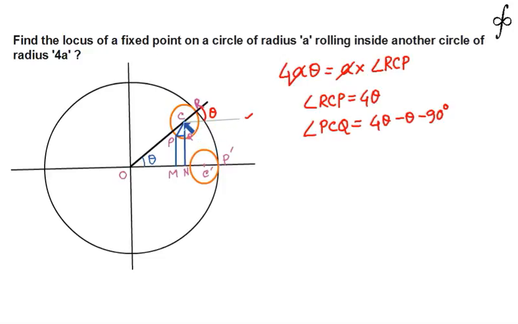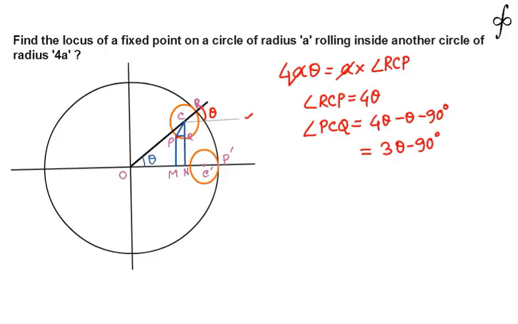Now the construction is that from the center C we have drawn a vertical line on the x-axis, and P is the new position of P dash. So from P we have dropped a perpendicular PM and a perpendicular PQ on CN. So the angle PCQ must be equal to the total angle, 4 theta minus 90. So angle PCQ will come out to be 3 theta minus 90.